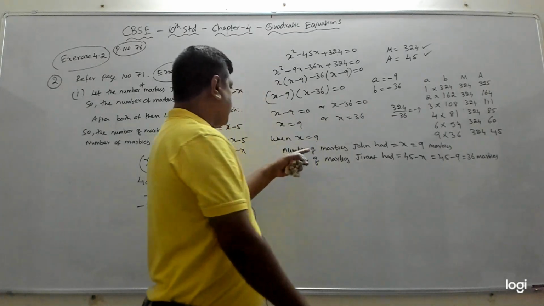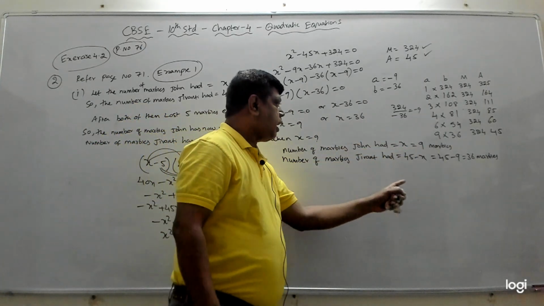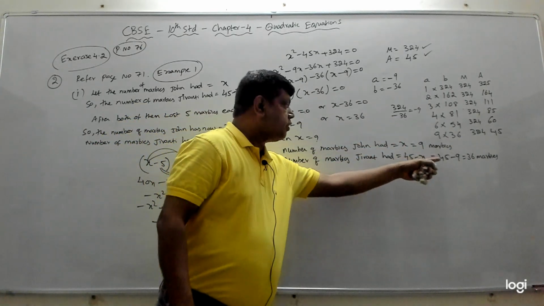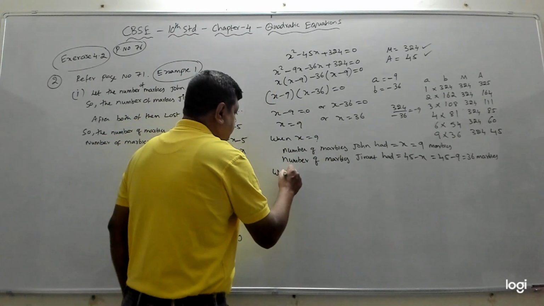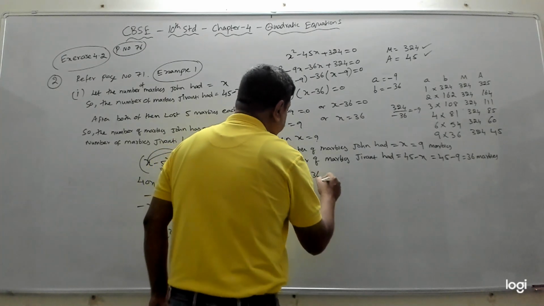Right? When x is 9, John had 9 marbles. Jivanti had 36 marbles.